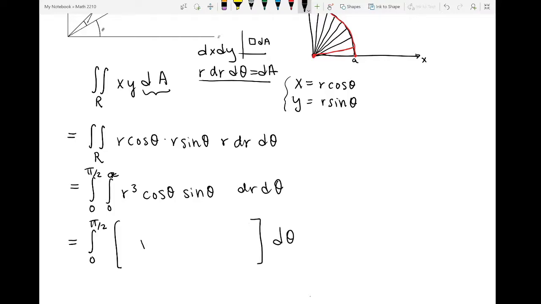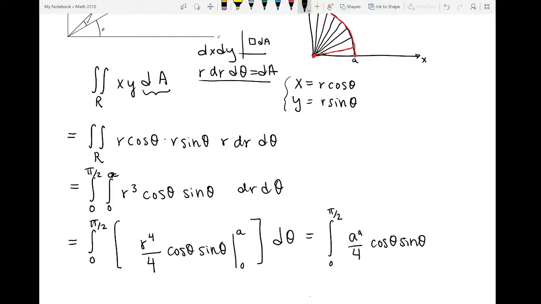So this will go to r to the 4th over 4 cosine theta sine theta, evaluated from 0 to a. That is going to be equal to, if I substitute in a every time I see r, a to the 4th over 4 cosine theta sine theta.